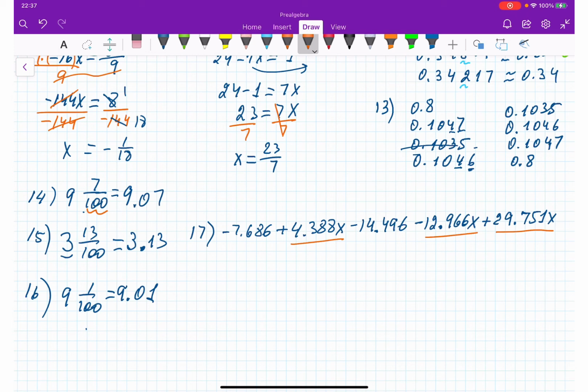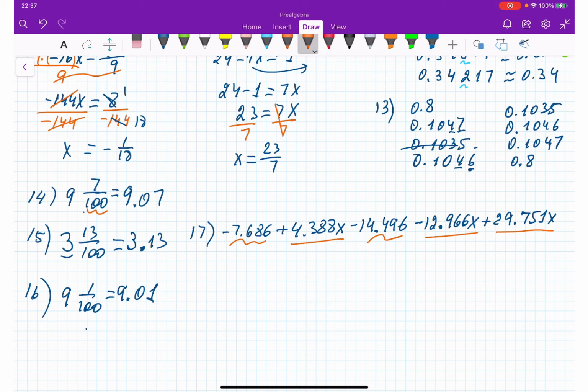Now, this is a like term with this one. 2 of them. Like terms with x, 4.388 is positive and 29.751 is positive. So let me add these two first.